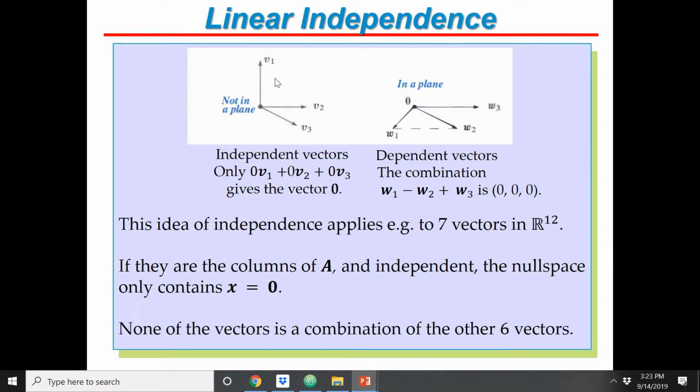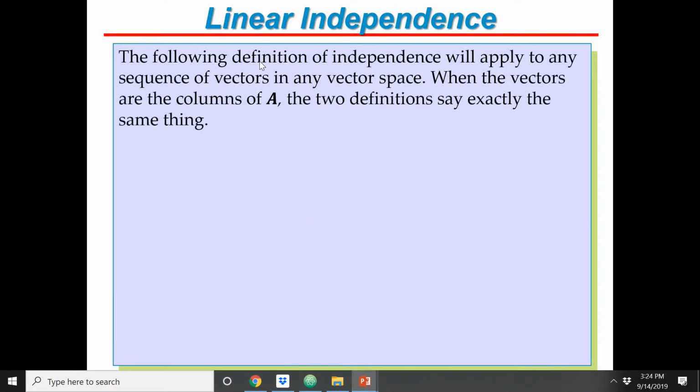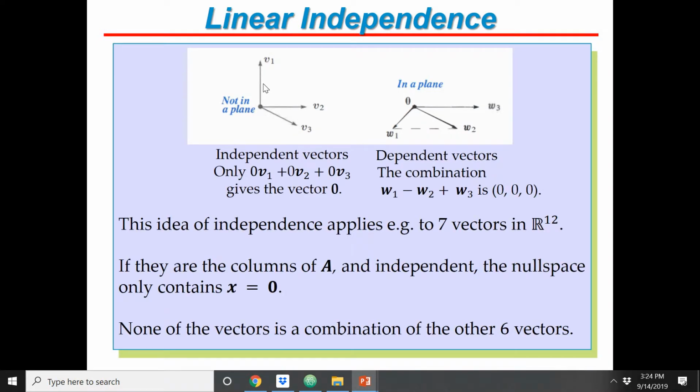If the 3 vectors are independent, you all know the independence of the 3 vectors basically implies that they are not on the same plane. In this case, you have 2 vectors, v2 and v3, on a plane, and then you have v1 normal to that plane. Obviously, these vectors, from your experience, are what we have called independent vectors. And then here is another case of 3 vectors that are all in the plane, and you can see the dependence of these vectors because in this particular case w2 is w1 plus w3.